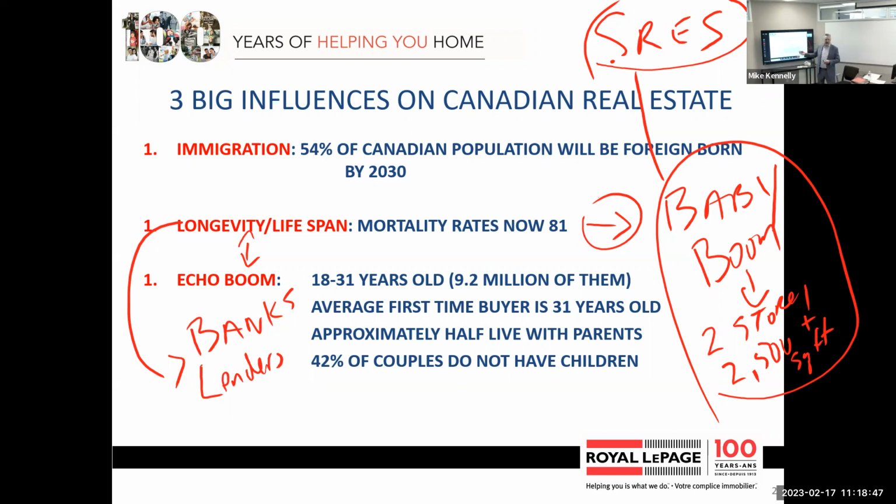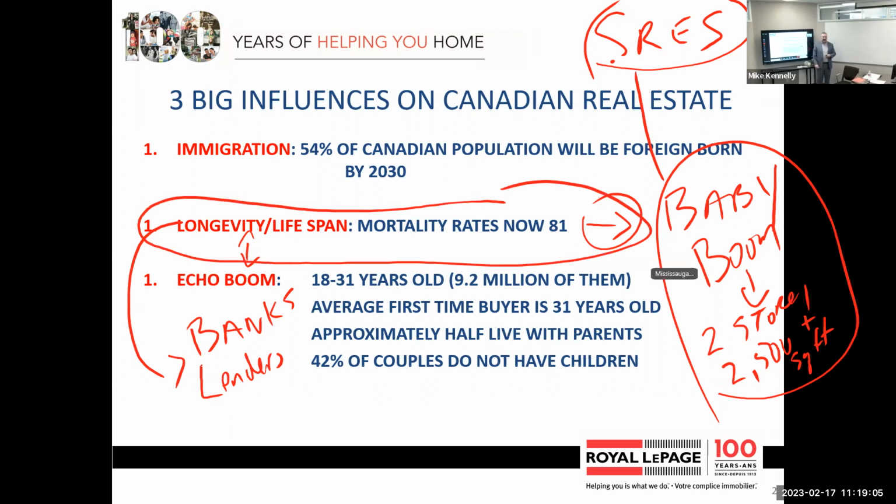Because they have so much equity and little to no debt, they're now providing some of the sources of down payments and equity and capital for this generation to purchase their real estate. So for this generation, you not only have the end user decision they're making, but you also have so many other spin-offs that you can be looking at.